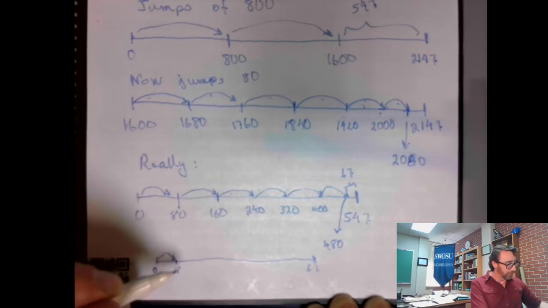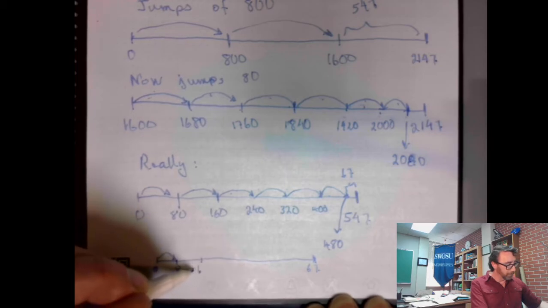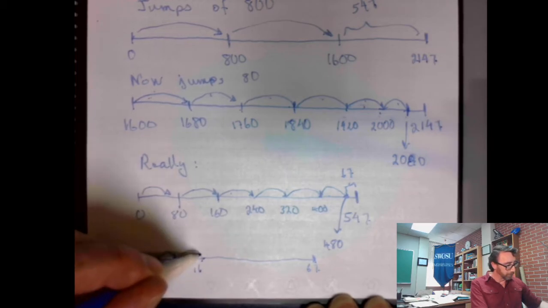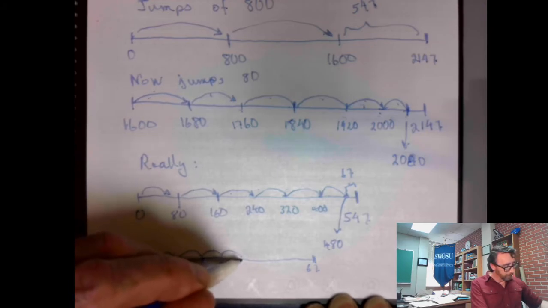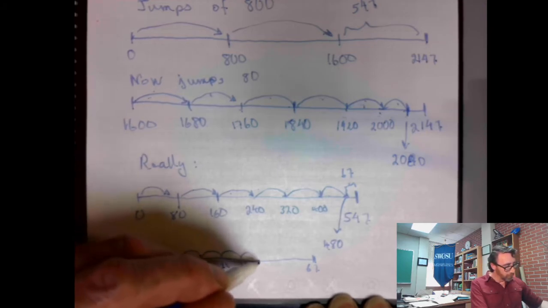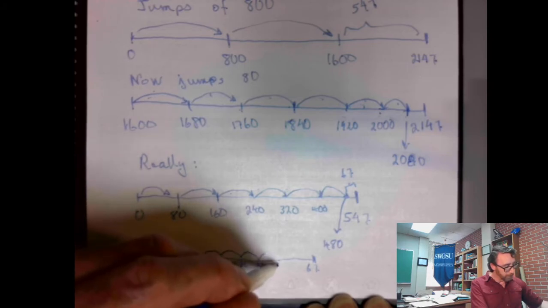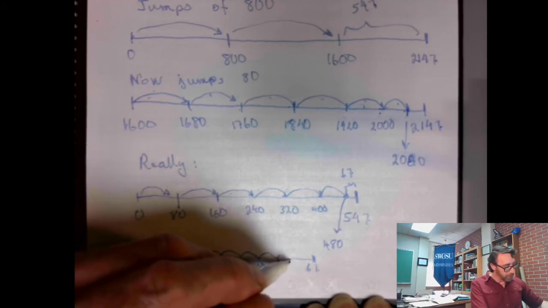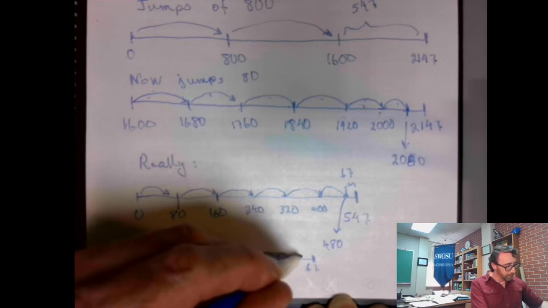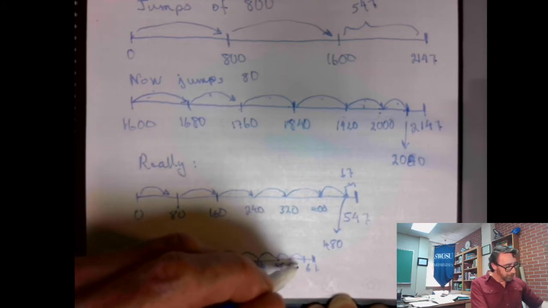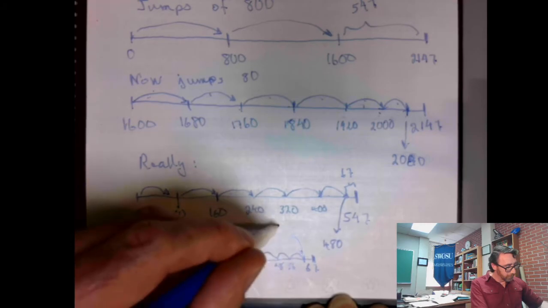So we have 8, 16, 24, 32, 40, 48, 56, 64.